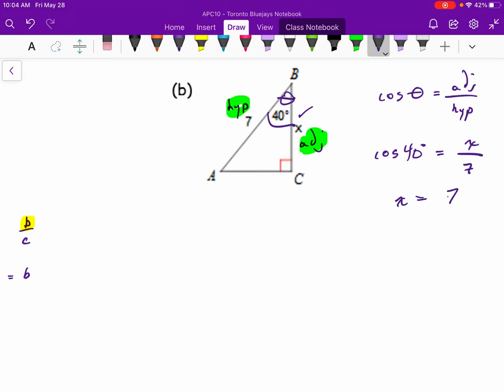In other words, x is equal to 7 times the cosine of 40 degrees. And my calculator can easily figure that out. And that's 5.362.